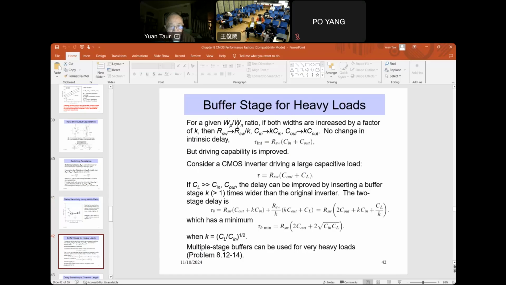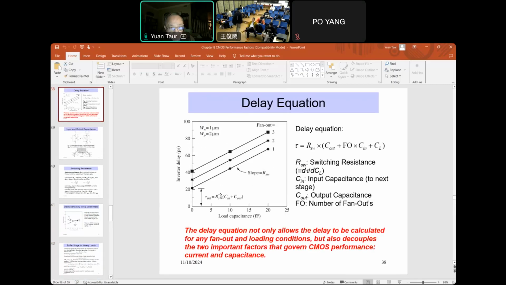For a fixed N and P ratio, if we increase the width, both N and P, by a factor of K, then capacitance of course goes up, but resistance goes down. So there's no change in the intrinsic delay if you go back to this curve. Intrinsic delay is the delay when the load capacitance goes to 0. So if CL is 0, you still have delay.